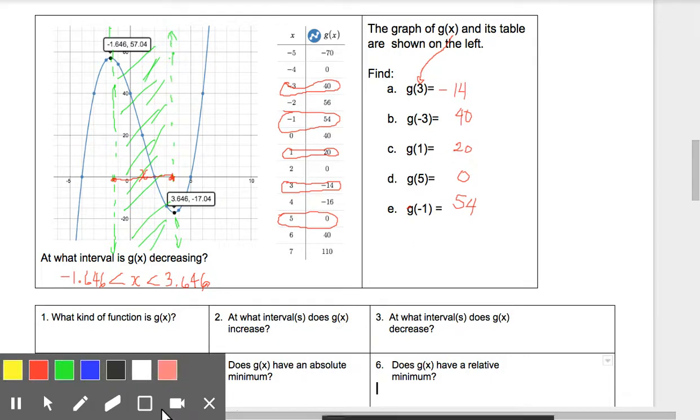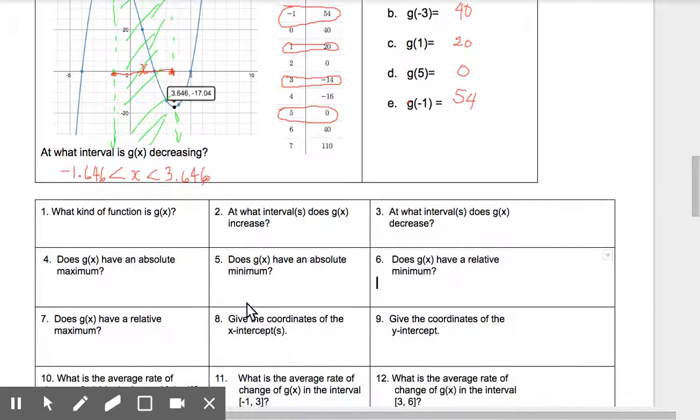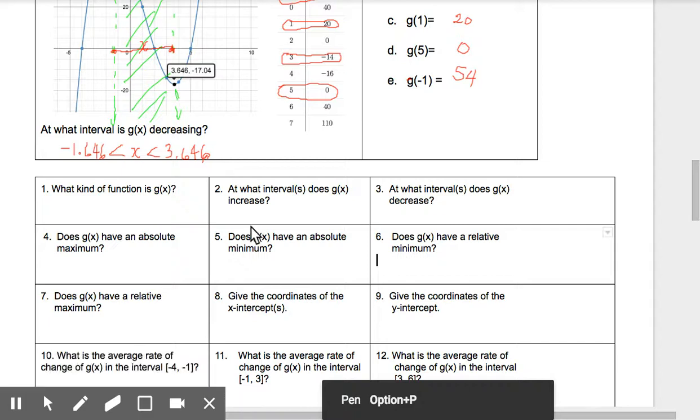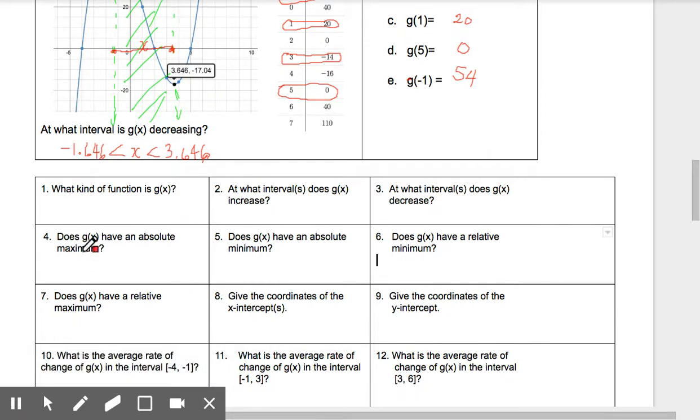All right, so let's move this up. What kind of function is g of x? We notice from the graph that it is a cubic function. So the lowest possible degree is 3. So we'll say that it is possibly a cubic function. At what intervals does the graph increase? Well, it increases on the area that's not shaded by green.